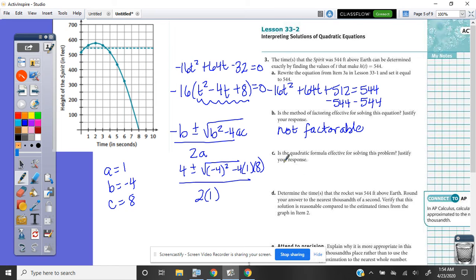So if you solve this, you end up with 2 plus or minus the square root of 2, which gives you approximately 0.586 seconds and 3.414 seconds.